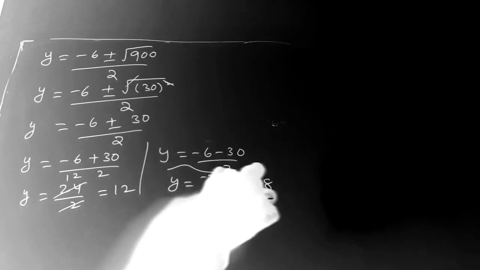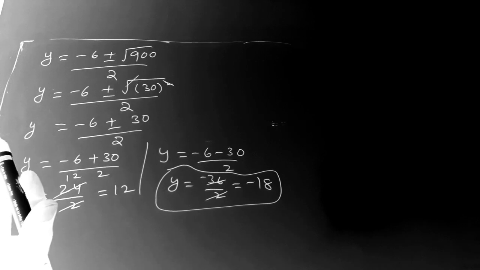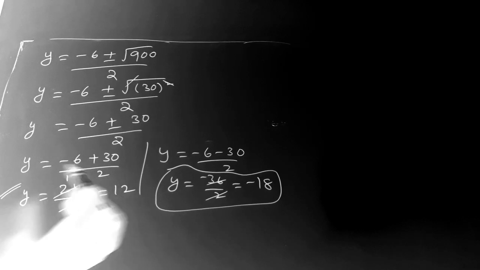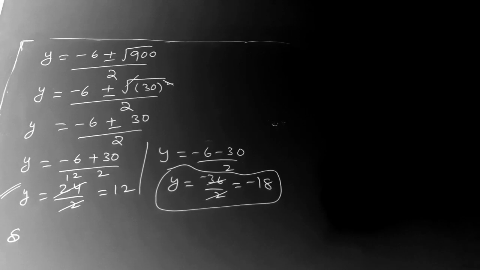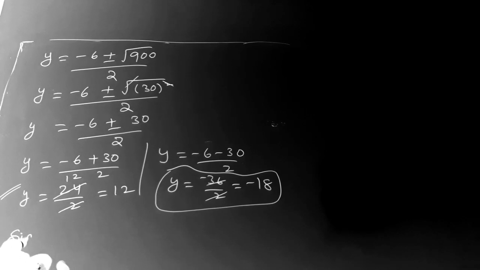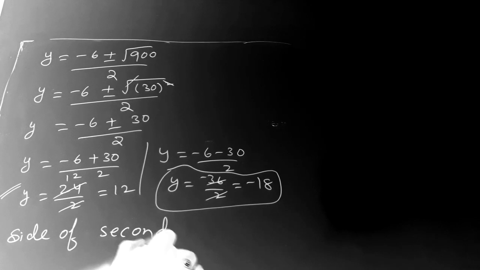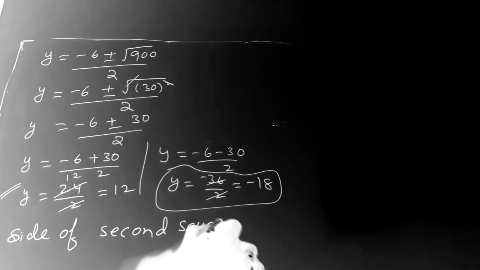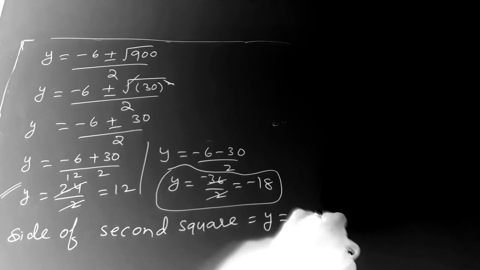Don't take the negative value. Why? Because the length of a square side should not be negative. That's why you take only the positive value, that is y is equal to 12. Now we have to find the side of the first square. Here we got the side of the second square, y is equal to 12.